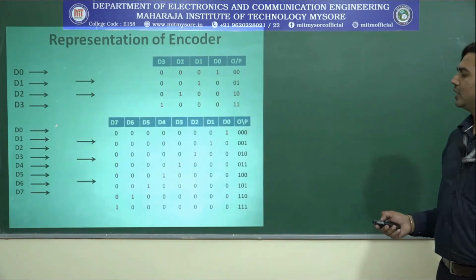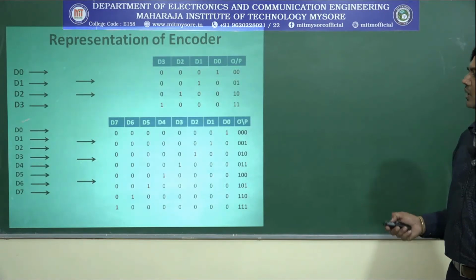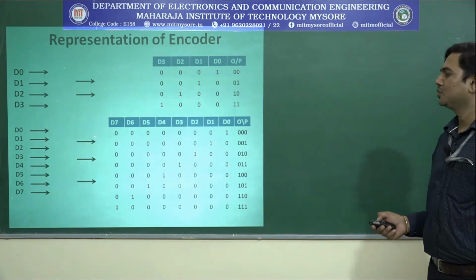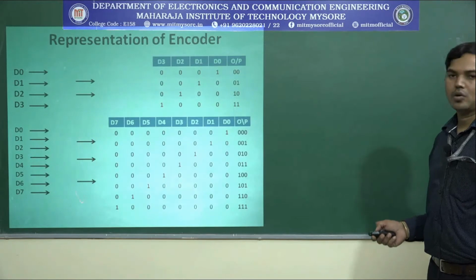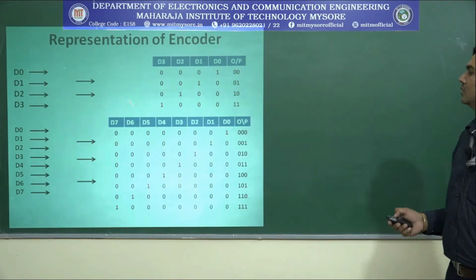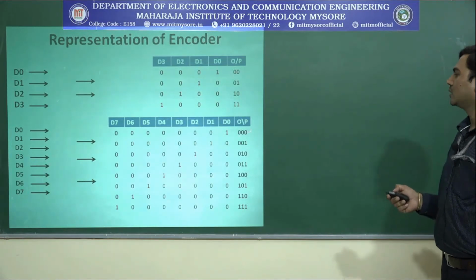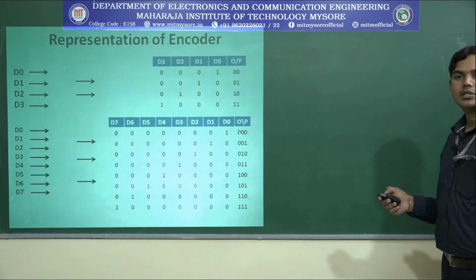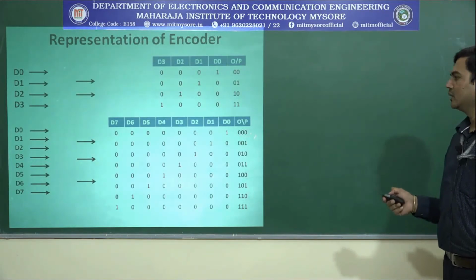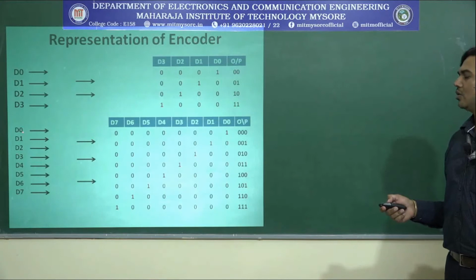Now, if we select an 8:3 line encoder, then if D0 is high, at the output of the encoder we should have the index 0 0 0 representing D0.